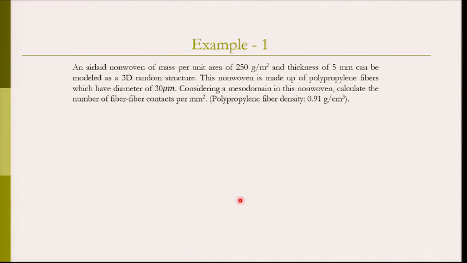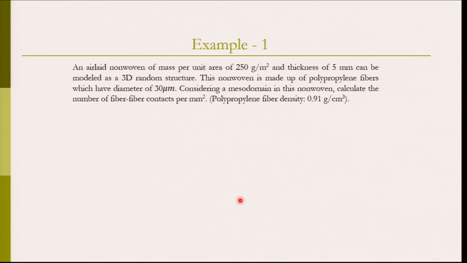So, let us take an example for calculating the number of fiber to fiber contacts in a meso domain. Let us assume an air laid non-woven of mass per unit area of 250 gram per meter square and thickness of 5 millimeter, that can be modeled as a 3-dimensional random structure. So, if we are supposed to calculate the number of fiber to fiber contacts in this meso domain, then we can consider the value of Kj to be half.